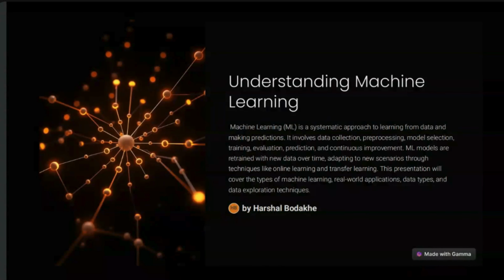Next, ML models are retrained with new data over time. Like I'm explaining, the ML models we created, we always give them new data over time, adapting to new scenarios through techniques like online learning and transfer learning.